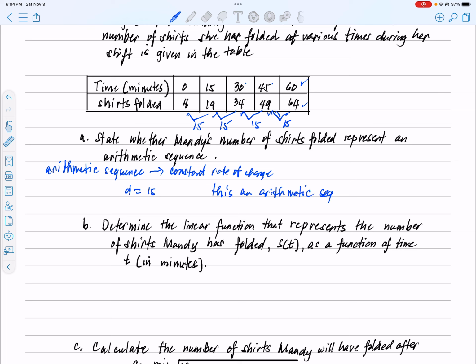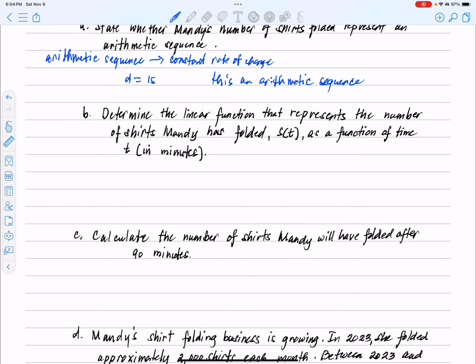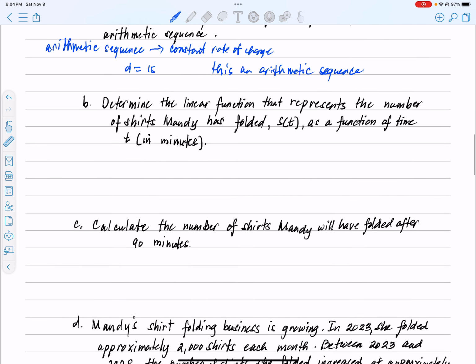Okay, let's have letter B. Determine the linear function that represents the number of shirts Monday has folded, S of t, as a function of time, with t in minutes. So since S of t is given, we could create a function of S of t.